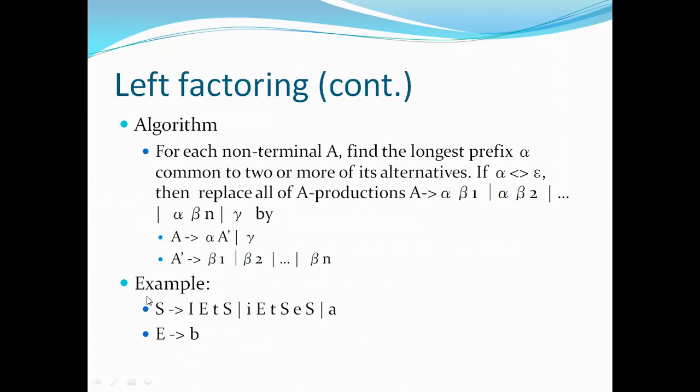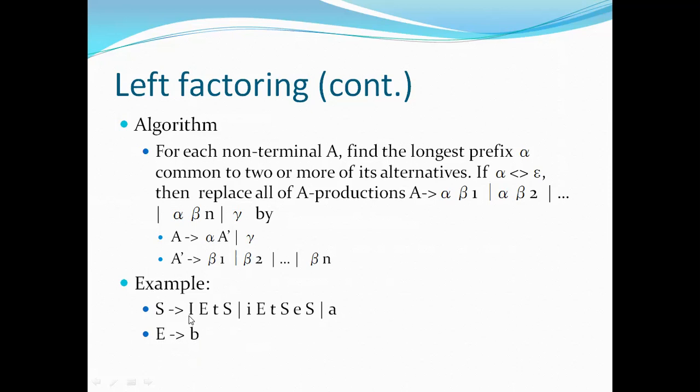So let us consider this example. S produces if expression then statement, and statement produces if expression then statement else statement, or an assignment, and E produces a boolean expression. So this is the example.